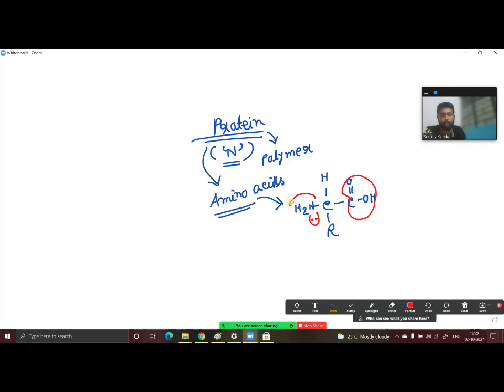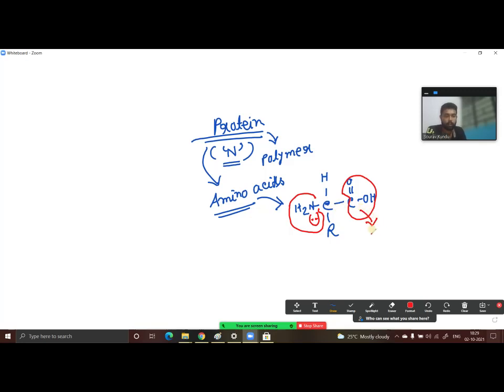Why? Because nitrogen has lone pairs, and in chemistry we know that the atom which donates its electron in the form of a lone pair acts as a Lewis base, and the atom or molecule which accepts electrons is a Lewis acid.